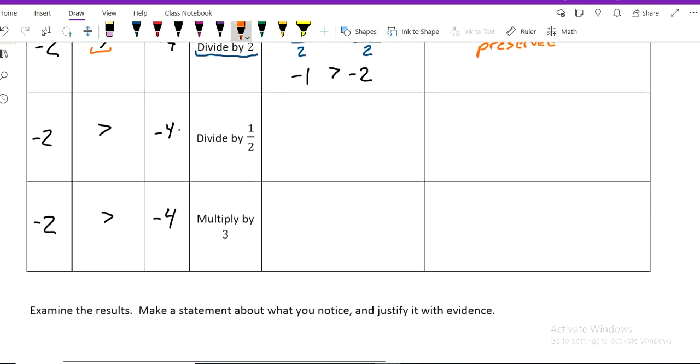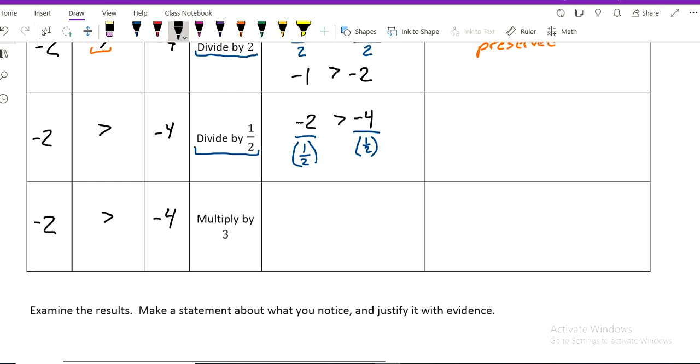Let's carry on. So this one, divide by 1/2. -2, -4. Keep your inequality sign. Now divide by 1/2. And you can do this in the calculator by using those parentheses, using your A, B/C button.